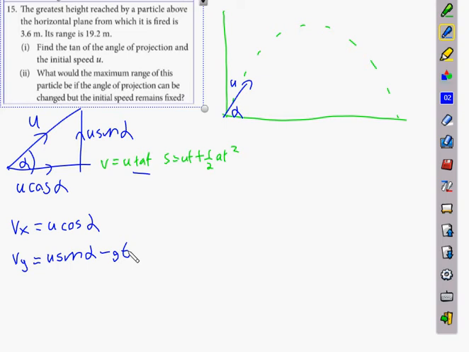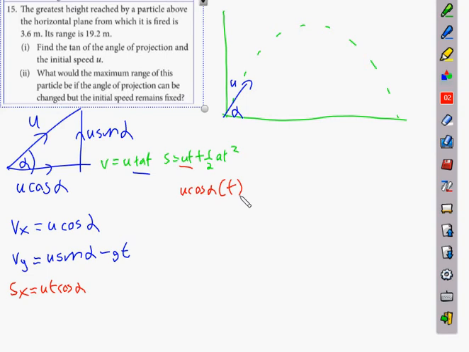Next, ut plus a half at squared. So Sx is going to be u times t, which is ut cos alpha. That's the same thing as u cos alpha multiplied by t, but I don't like mixing the angle beside another variable, so I always move the t to the front.